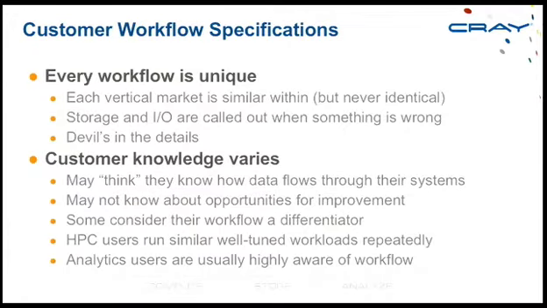Even within a specific vertical market, you know, I can look at a video surveillance application, or I can look at a medical imaging application. And even if they're using the same set of software, they're going to have a very different set of use cases to solve their problem uniquely. You look at any typical file system, and you see a whole lot of tuning knobs.